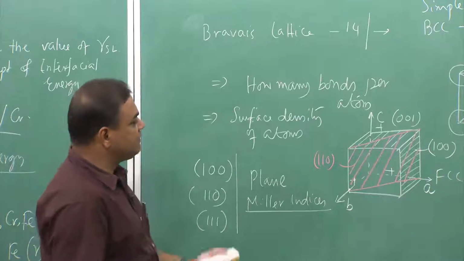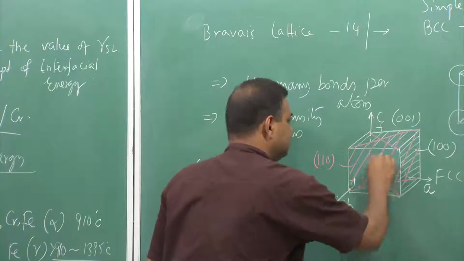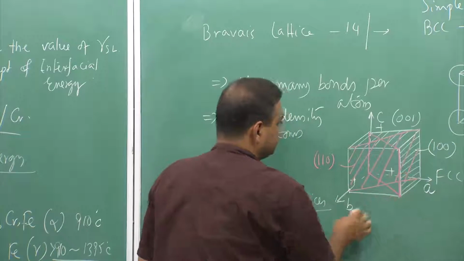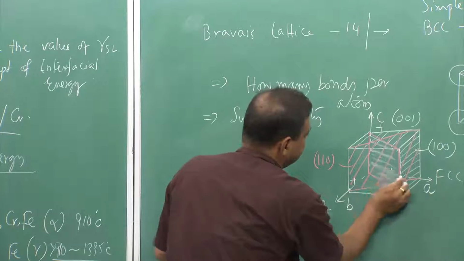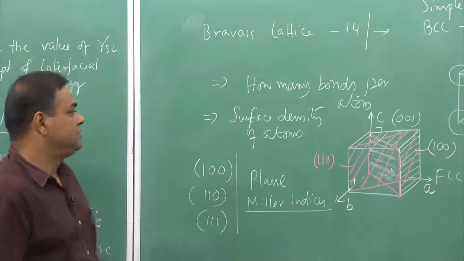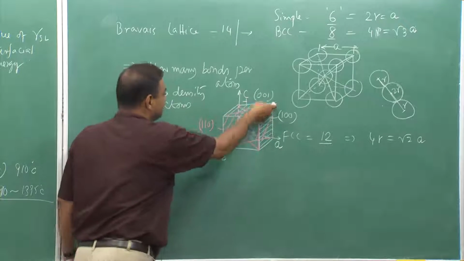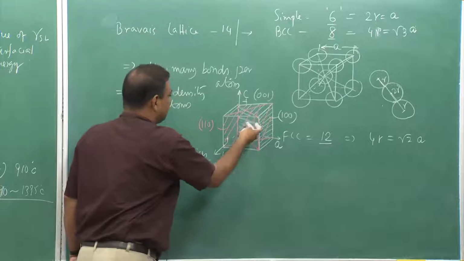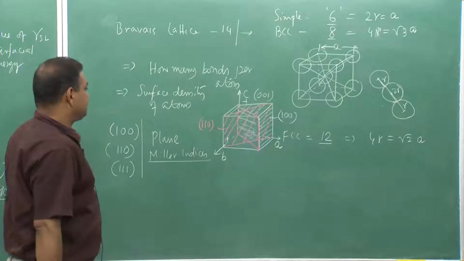Similarly, we can have several such planes. This is another. You can see that this plane and this plane are both 1, 1, 0, a family of 1, 1, 0 planes. They are crossing at 90 degrees.